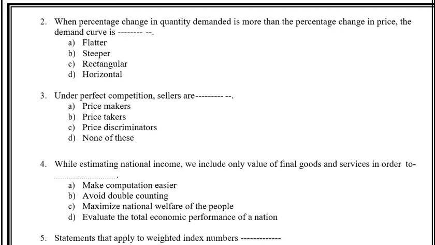Second, when percentage change in quantity demanded is more than the percentage change in price, the demand curve is dash: A, flatter; B, steeper; C, rectangular; D, horizontal, students. I hope the answer is quickly known. Third one, under perfect competition, sellers are dash: A, price makers; B, price takers; C, price discriminators; D, none of these.